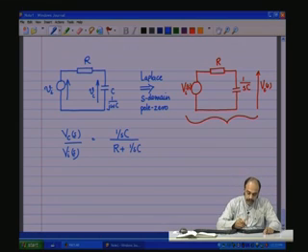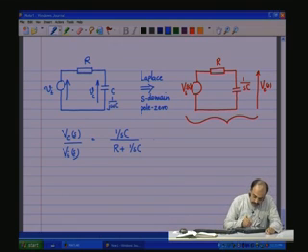So, the voltage across the capacitance is this impedance divided by the total series impedance in the Laplace domain. Or if we simplify this, multiplying throughout by S C in the numerator and the denominator, you have 1 by S R C plus 1.